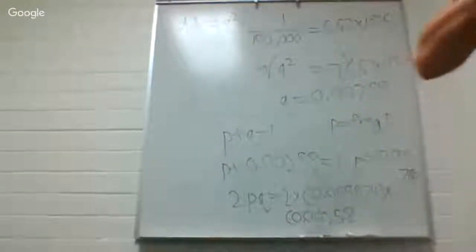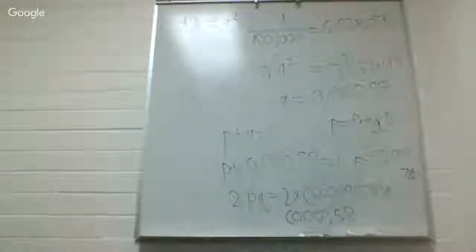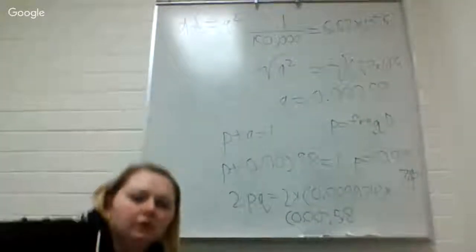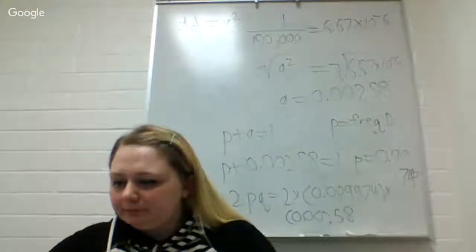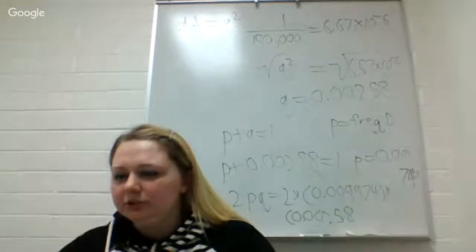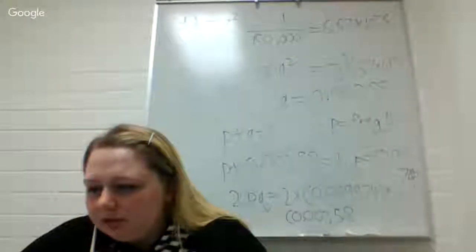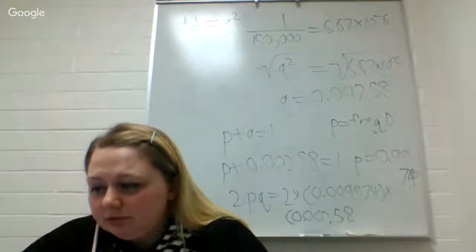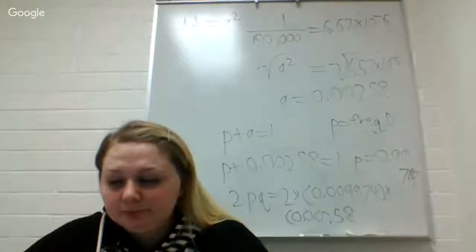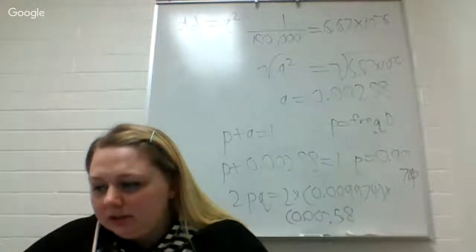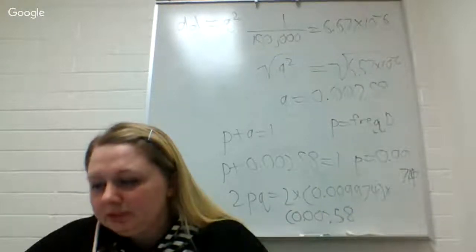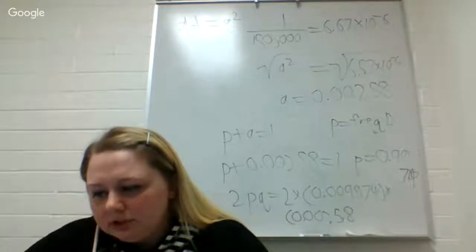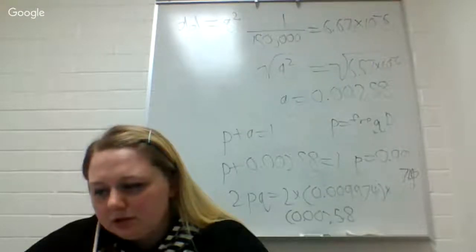For question 2, it's our fill in the blank. So for 2A, the first blank is Q, second blank is 2PQ. For B, it is P squared, or 2PQ. For C, we have Q squared.